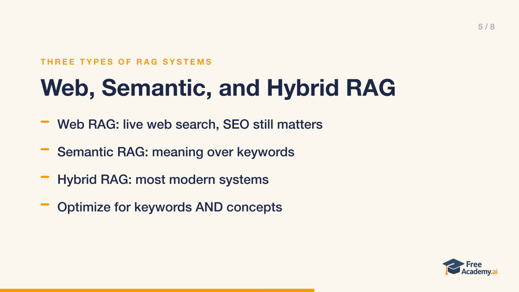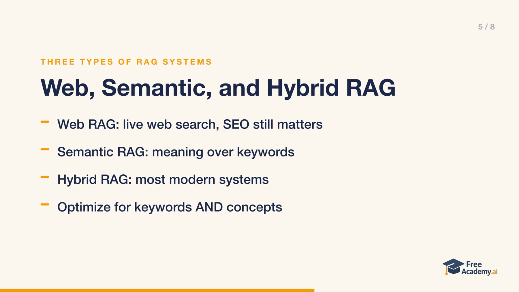Not all RAG systems work the same way, and each type changes how you optimize. WebRAG, used by Perplexity and ChatGPT with browsing, searches the open web in real time using traditional search engine results. It is good for current events and general knowledge, and it means traditional SEO still matters. Semantic RAG, common in enterprise AI and specialized tools, uses vector embeddings to match by meaning rather than keywords, and searches internal or curated databases.